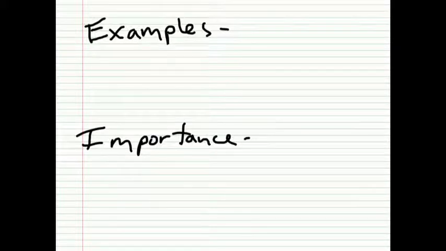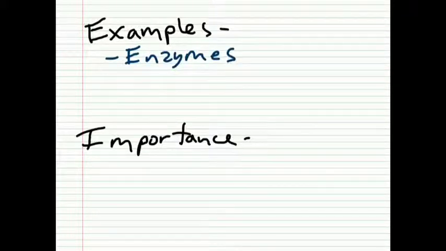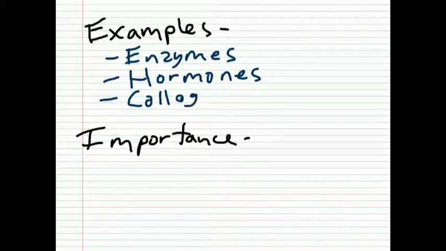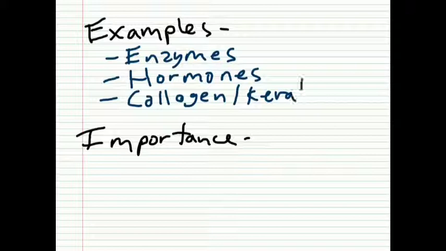Some examples of proteins are enzymes, hormones, collagen and keratin, as well as hemoglobin.